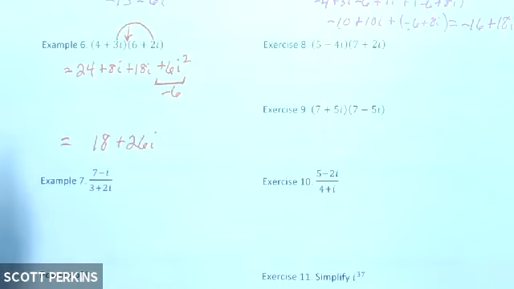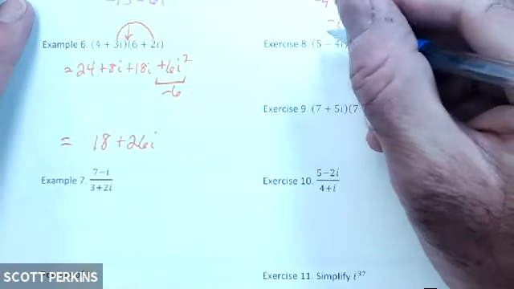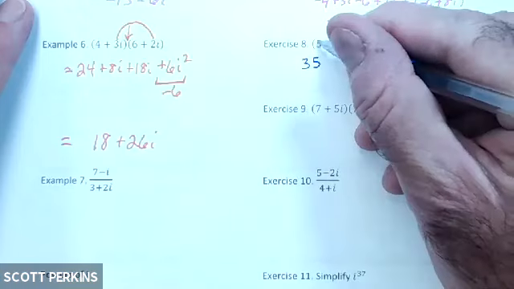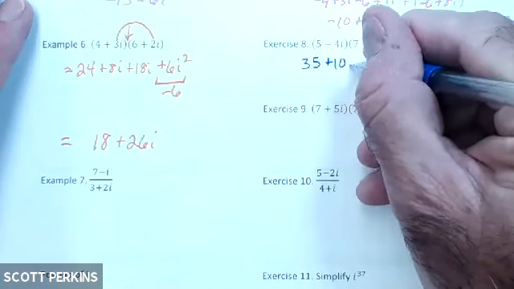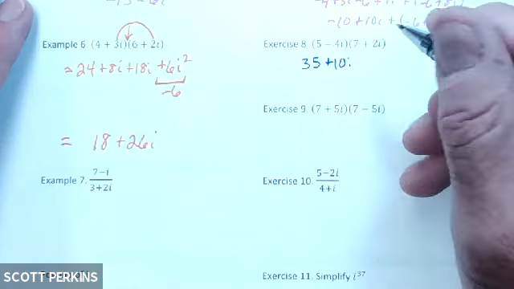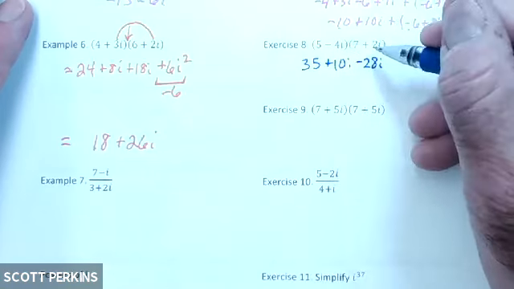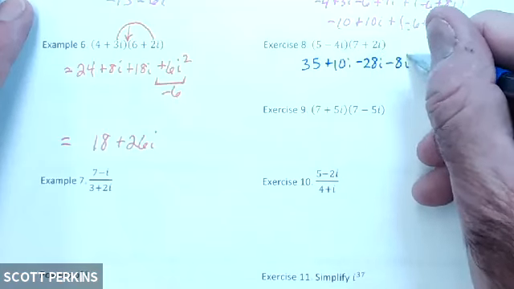I'm going to get started, check my work with your work. So my firsts, the 5 times the 7 is 35. My outers, the 5 times the 2i is 10i. The inners, the -4i times 7 is -28i. And then the last, -4i times 2i, is -8i squared.